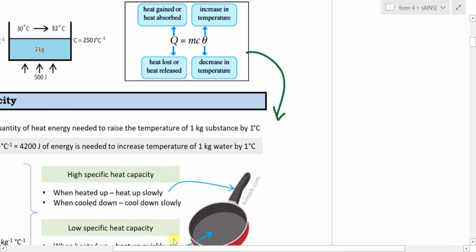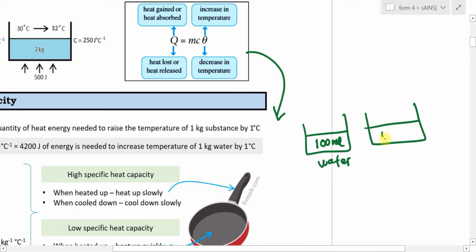Sekarang kita andaikan, okay, let's say we have a 100 ml of water and 100 ml of oil. Kita ada water, kita ada oil. Dua-dua mass yang sama. Kalau mass dia sama, yang itu bukan lagi case heat capacity.